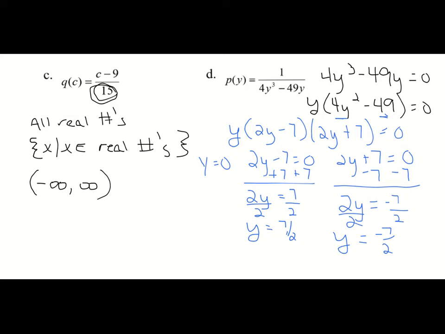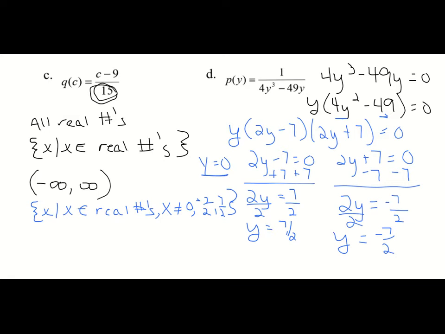I'm going to write it over here on the left: we'd have our braces and the set of all x such that x is an element of real numbers, but we know x cannot equal 0, negative 7 halves, or 7/2, because we get that from up there.